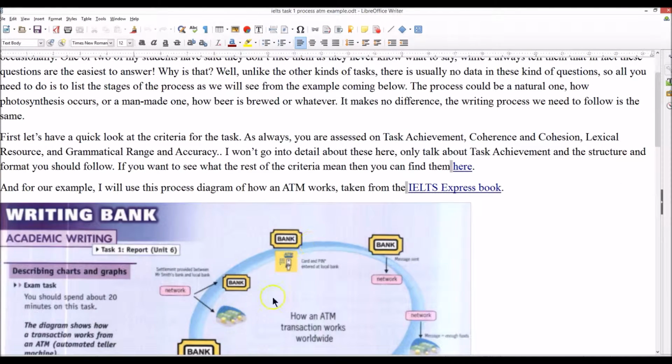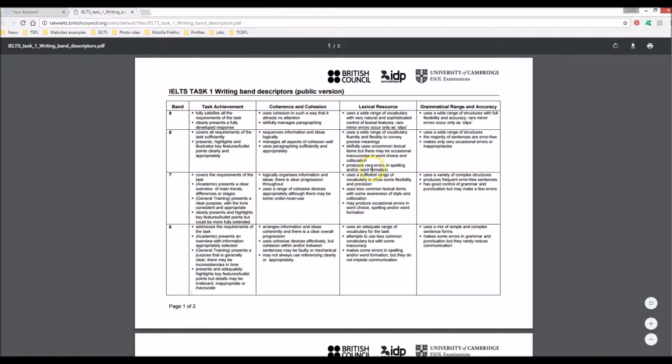Now, I mentioned grammar and the criteria. You can find it on the British Council site. I don't know if this link will work here or not. Yes, here. So you can see these on the British Council site, or it should be in your IELTS course book if you bought any.